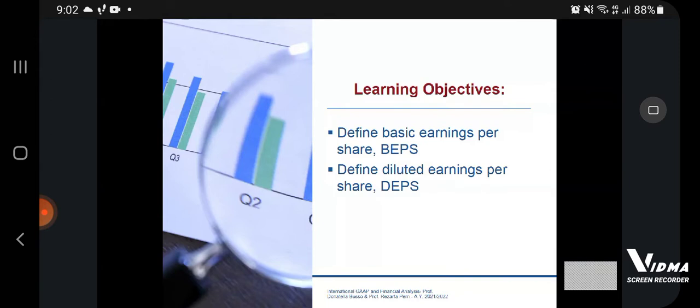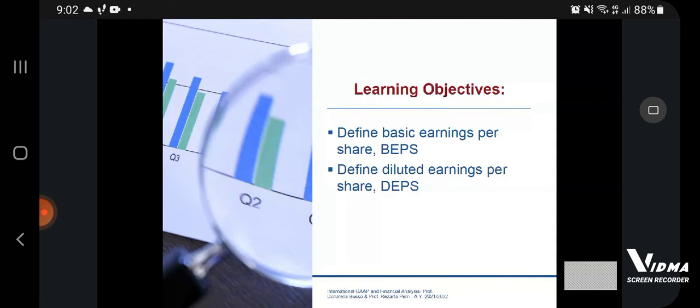Well, diluted earnings per share takes into consideration the dilutive effects of potential ordinary shares, which are dilutive securities, like for example options that could be converted to shares later, or convertible loans or convertible preferred shares. There are some specific securities that at a later time could be converted to ordinary shares and therefore could diminish the value and the worth of the shareholders themselves.